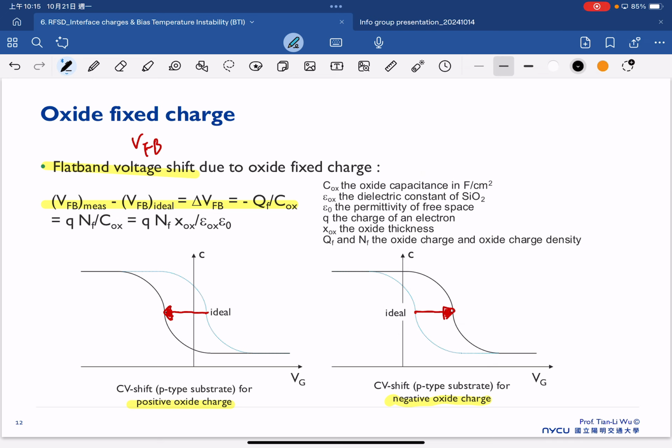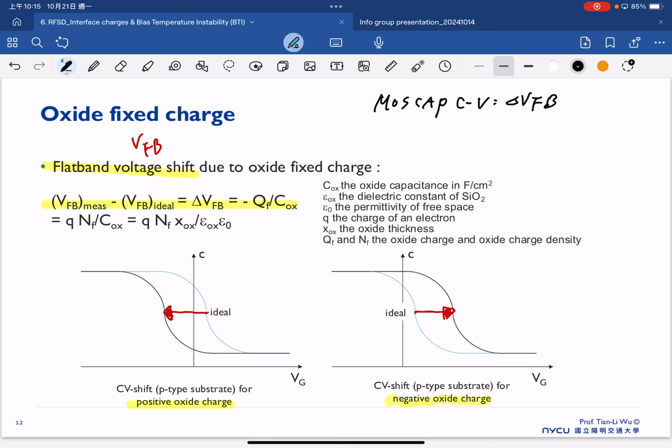Another thing we want to stress is that sometimes you also get confused about the difference between the flat band voltage and the threshold voltage. To my understanding, we consider the flat band voltage because we use a CV measurement to estimate it.